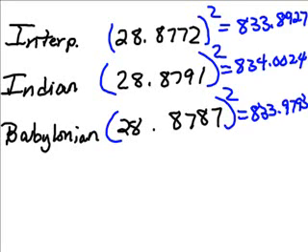So the Indian method, for all its trouble, clearly is giving us the most accurate approximation of that square root. And I guess the Babylonian method comes in second. So I guess that means, the more work you do, the closer you get to the answer.